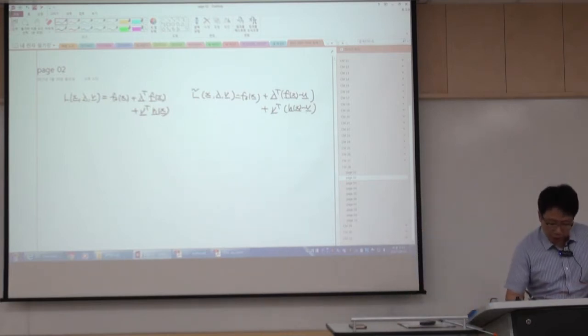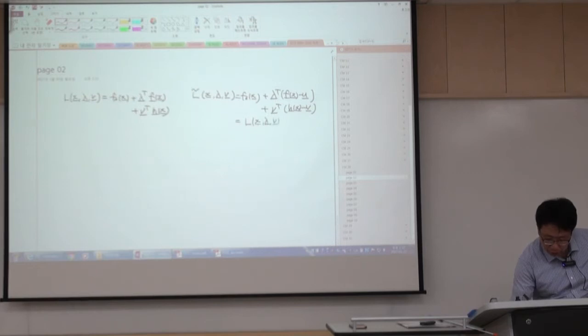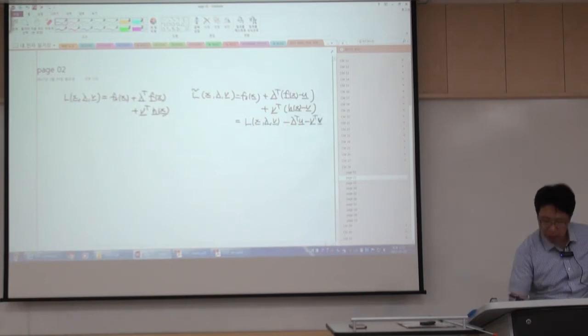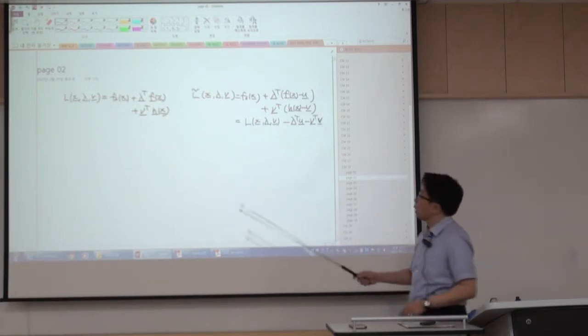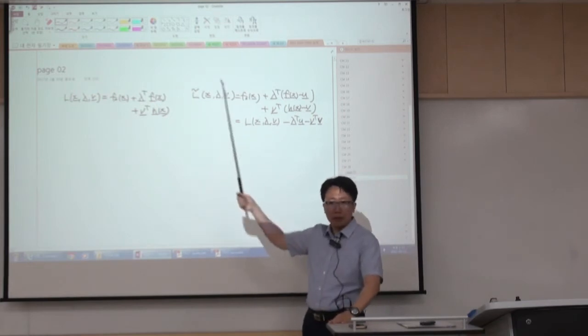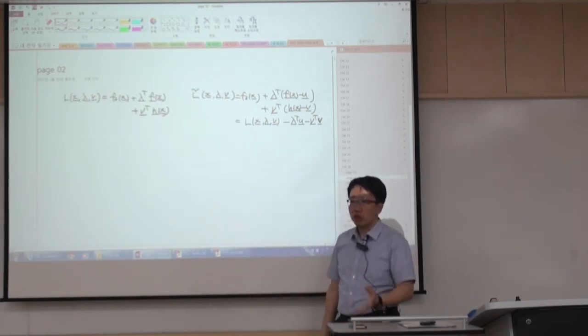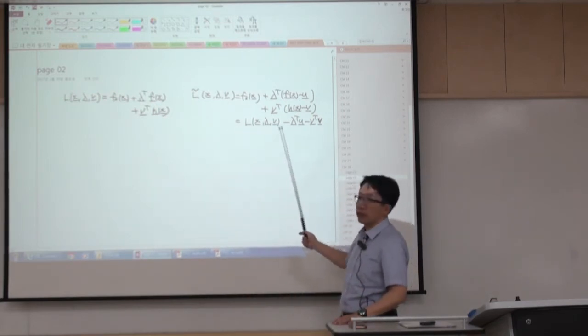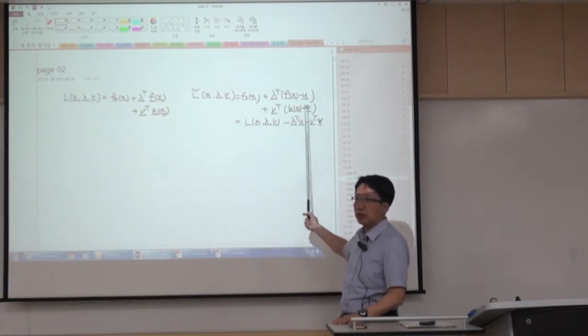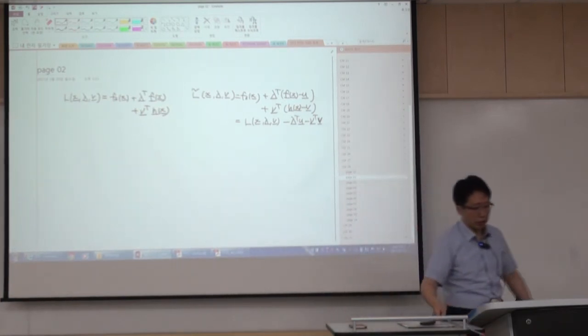An interesting property is that this is nothing but L(x, lambda, nu) minus lambda transpose u minus nu transpose v. So you see, the perturbation we use gives us a very interesting, simple form of the Lagrangian.